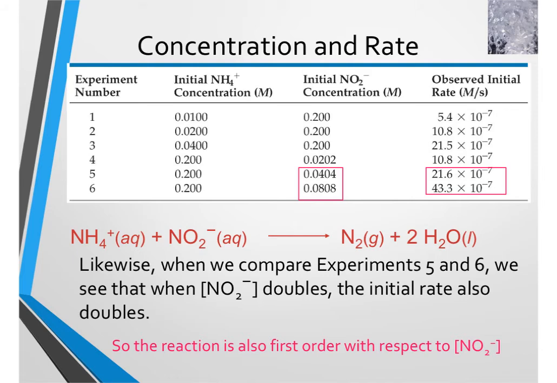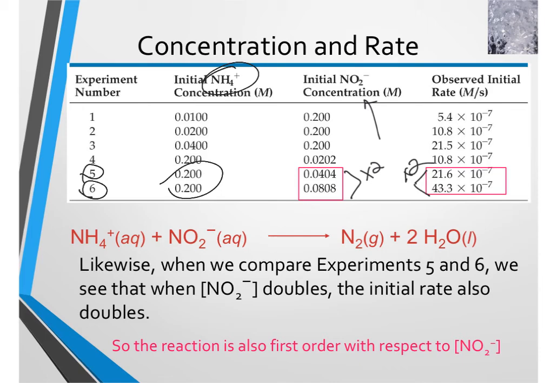Remember you want to pick two experiments where the concentration of the other one is constant. So looking at experiments 5 and 6, when we double the concentration of the nitrite ion, what happens to the rate? The rate also doubles. So they are both first order.